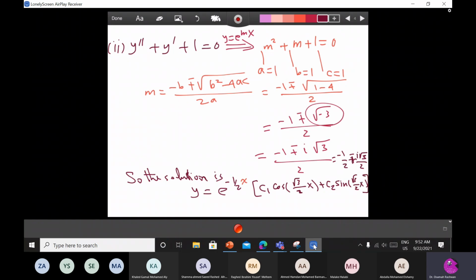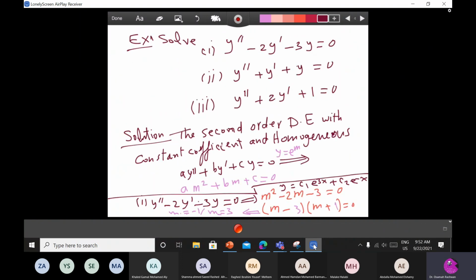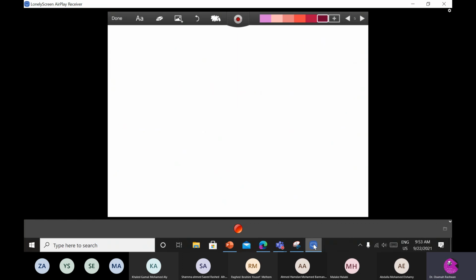Okay, finish. Let's go for the last one. y double dash plus 2y dash plus y equal to 0. Without thinking, I'm just letting y equal to e to the mx.